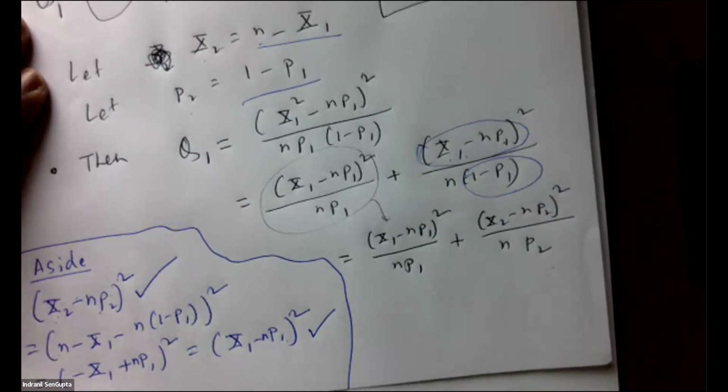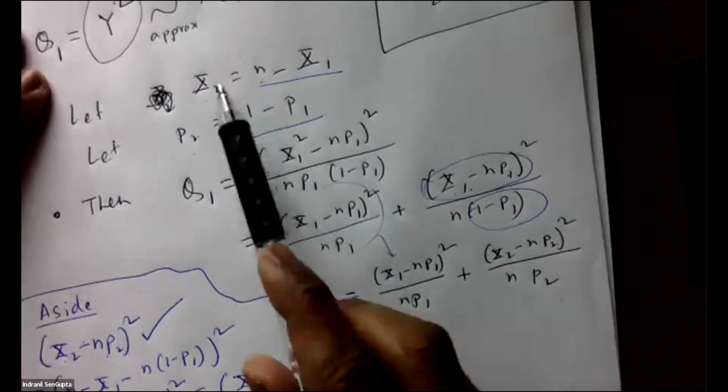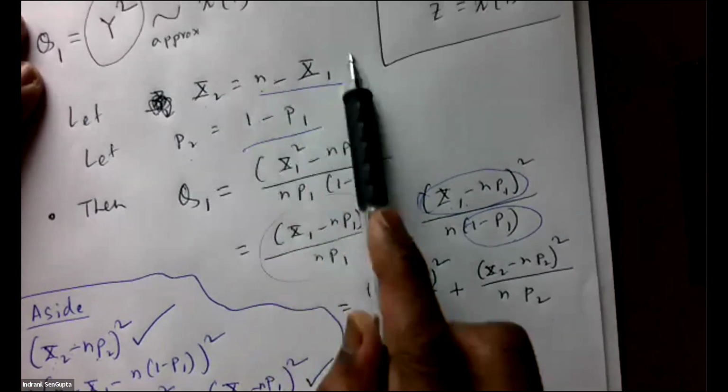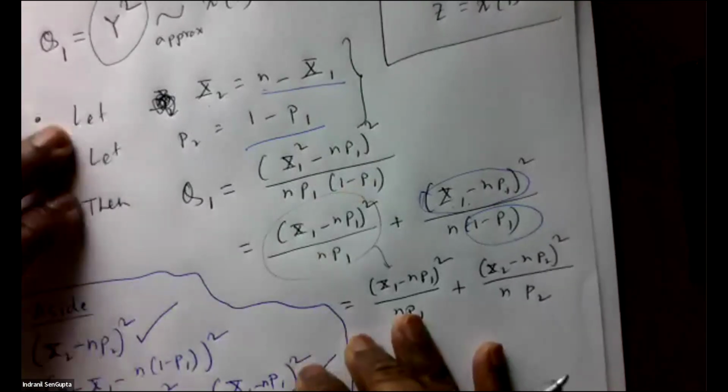So hence we see that Q1 can be written. So if there are two random variables, X1 and X2, where X1 follows a binomial distribution and X2 is defined this way, then Q1 can be written this way. Okay, so let's write it down.